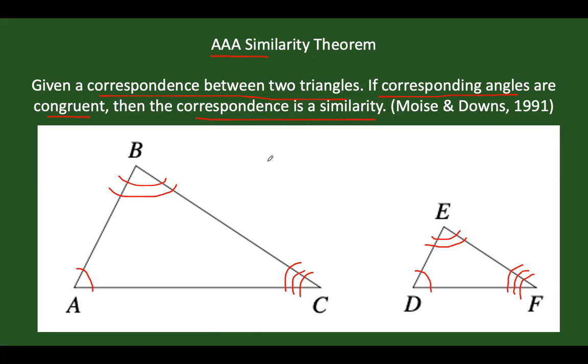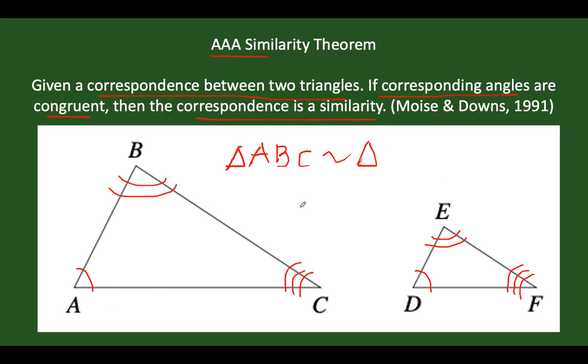All right. So in this case, we could say that these two triangles are similar by the AAA similarity theorem. So we could say that triangle ABC is similar to triangle. Of course, we need to write the other triangle according to its corresponding sides or angles from the given triangle ABC.